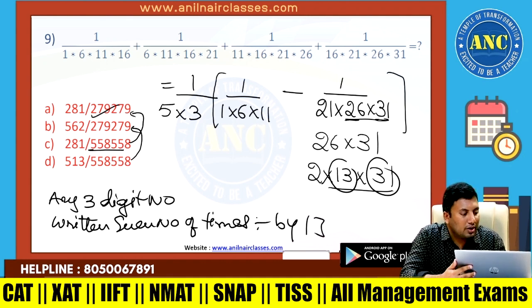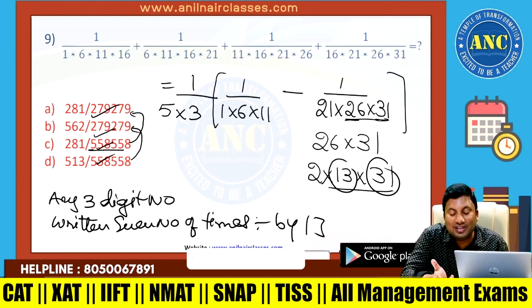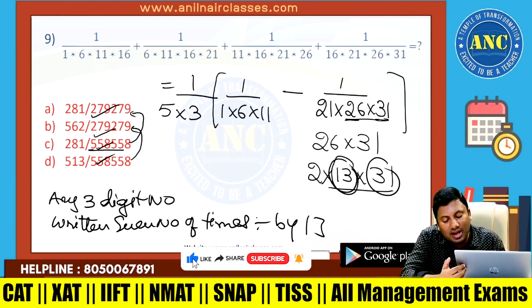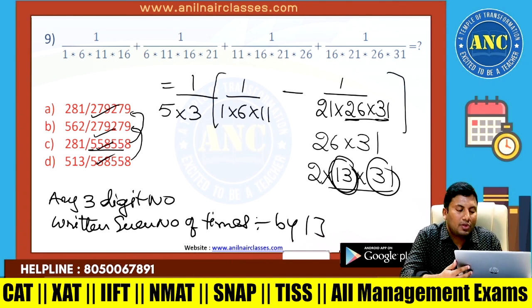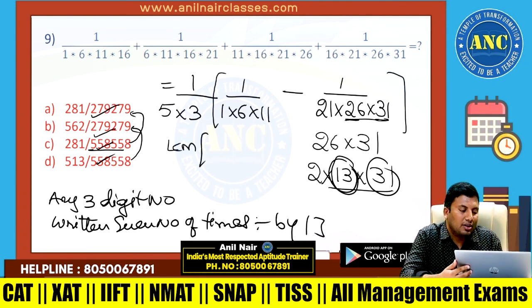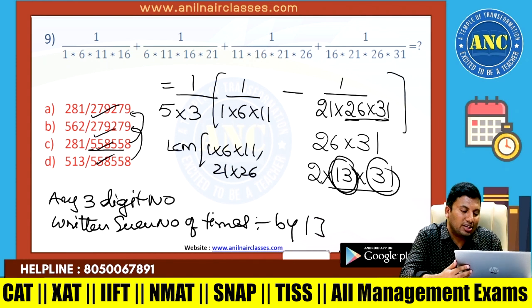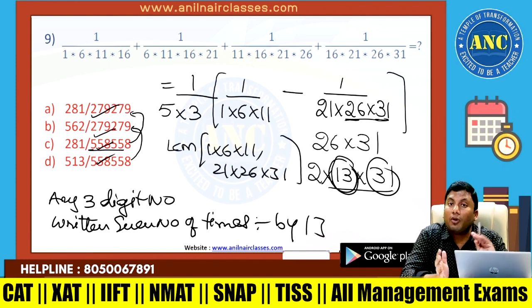So divisible by 13, 13, 13, all are coming. So there is no option which can be eliminated even if I know the divisibility rule of 13. I will also discuss in my prime numbers class what is the divisibility rule of 31, 41, 71 and so on. So the best way to solve it is you use the LCM of 1 into 6 into 11 and 21 into 26 into 31 concept. I hope it is clear.